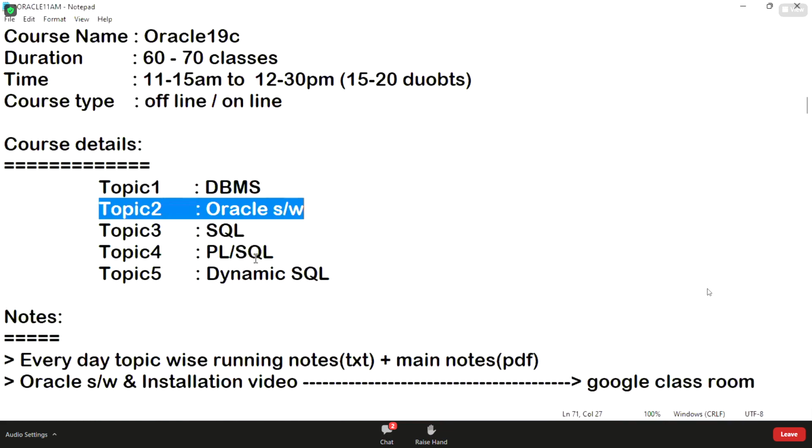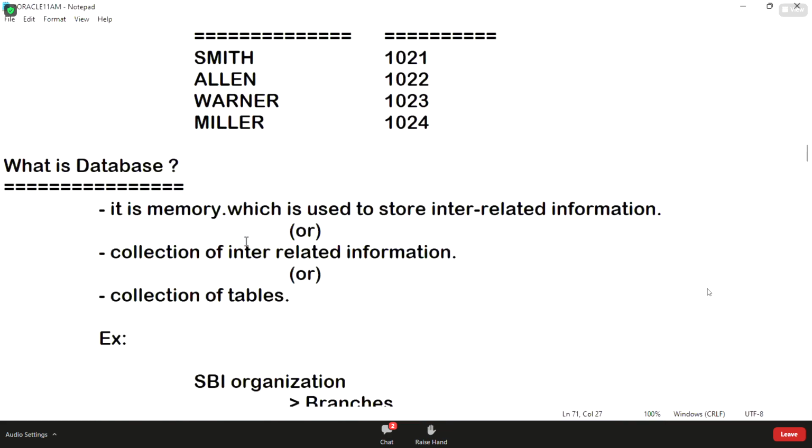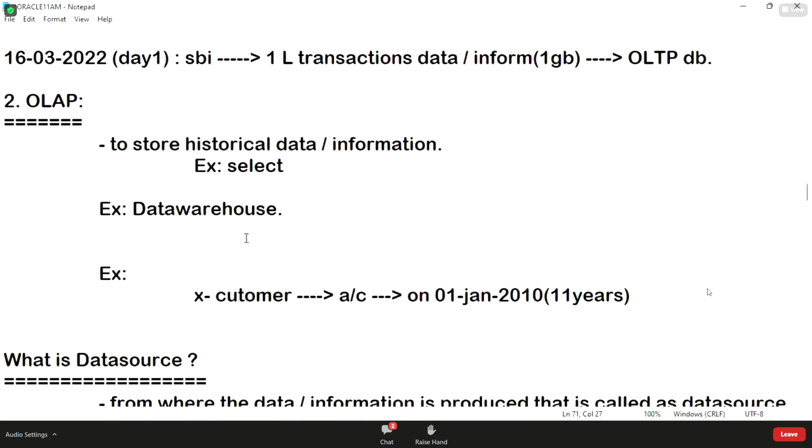And Google Classroom has still not been created. Did they tell you any information about Google Classroom? Yesterday one person came and talked to you, one administrator, Mr. Srikanta. What did he say yesterday? Tomorrow, confirmed. Okay, guys, so you will get Google Classroom tomorrow.